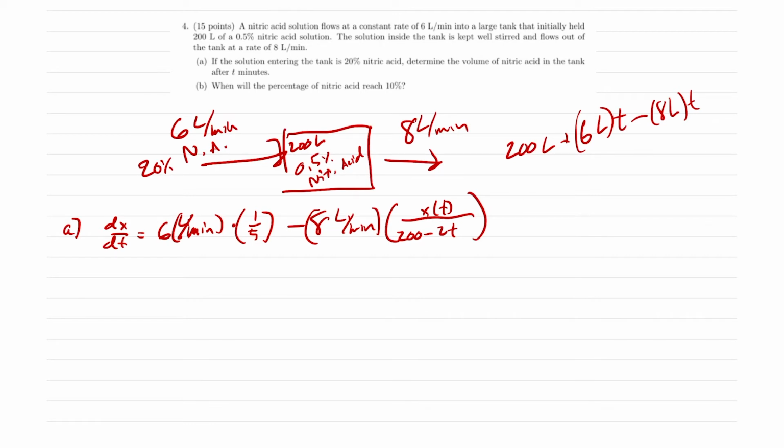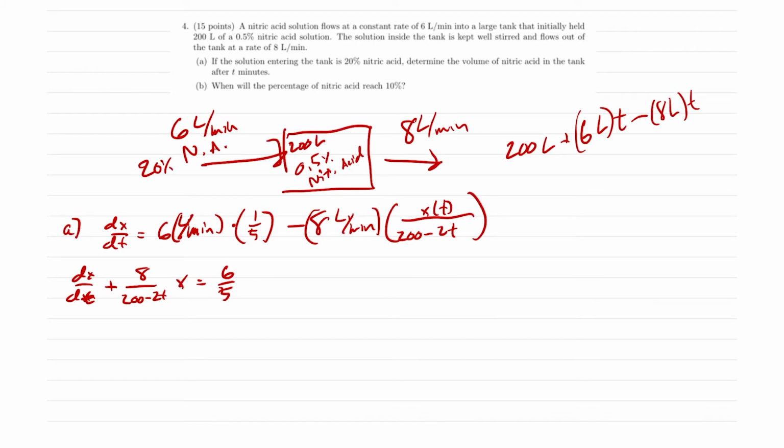After this, it's a linear differential equation, and so we get dx by dt plus 8 over 200 minus 2t times x is equal to 6/5. Okay, that's not too bad.